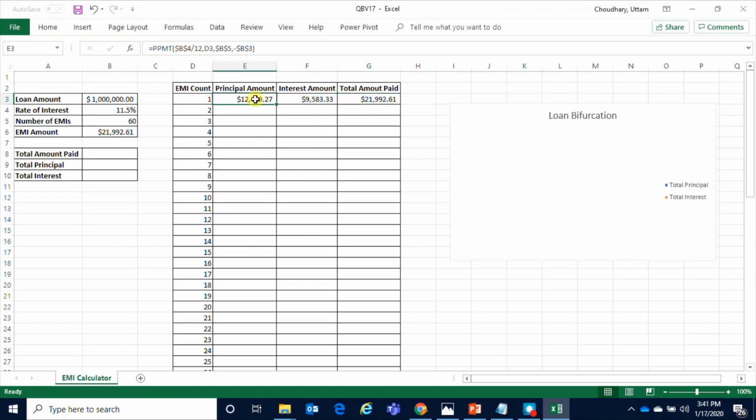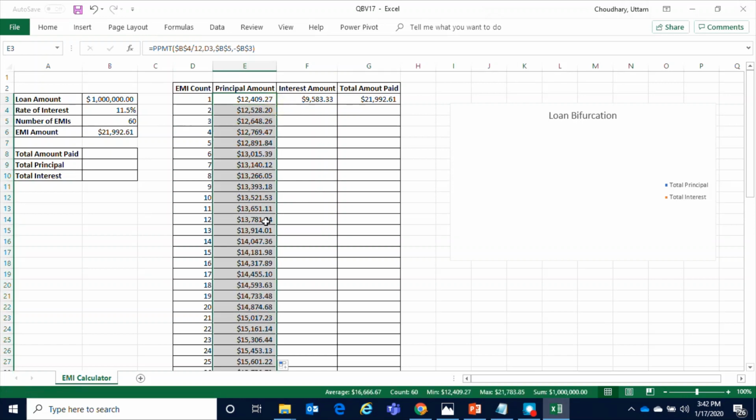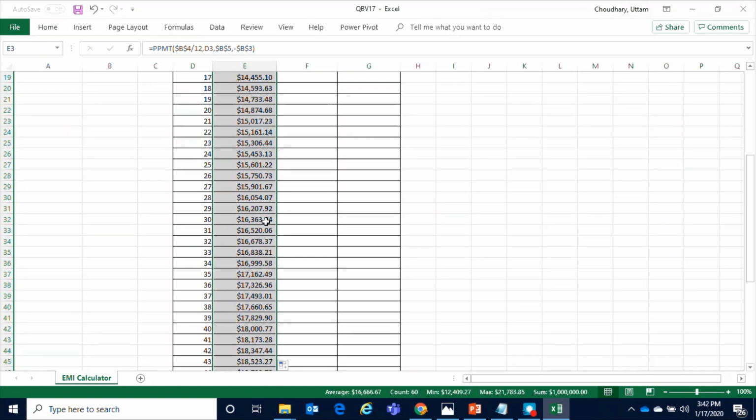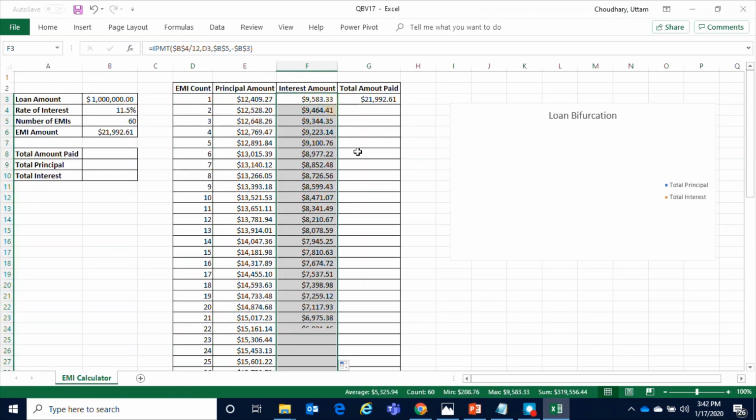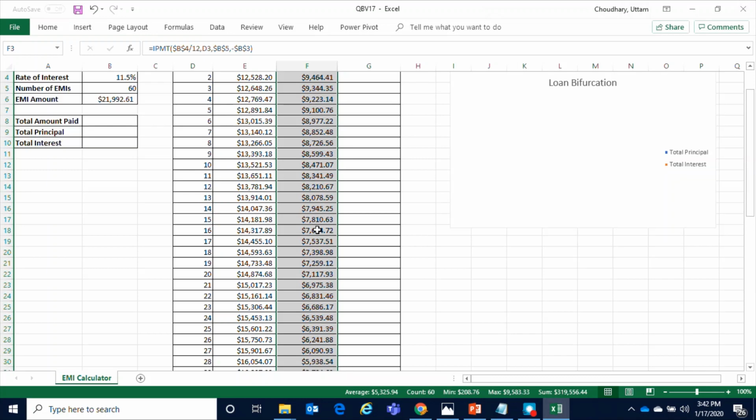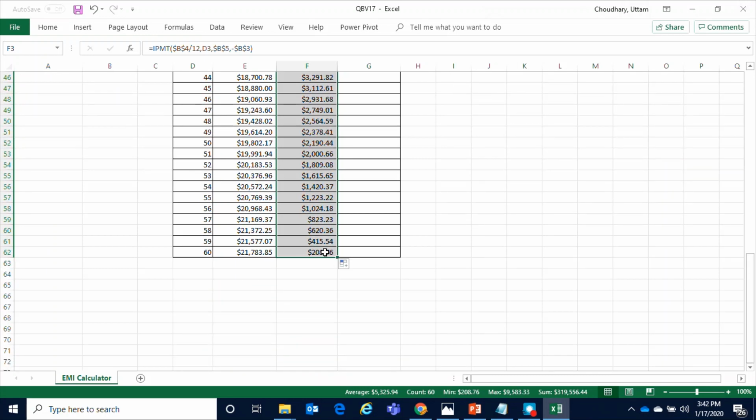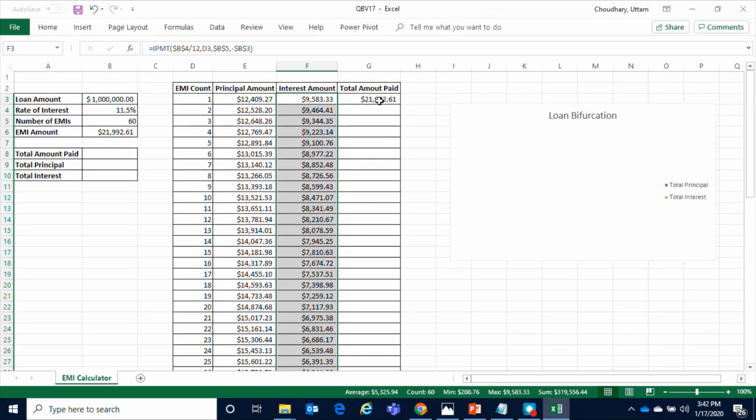Okay. Now I would just double click here in order to see what is the payment I'm doing for the next 60 months. Yeah, that's the amount. What is the interest I'm paying for the next 60 months? It calculates all the way till 60 months, and then I would say how much amount I've paid.